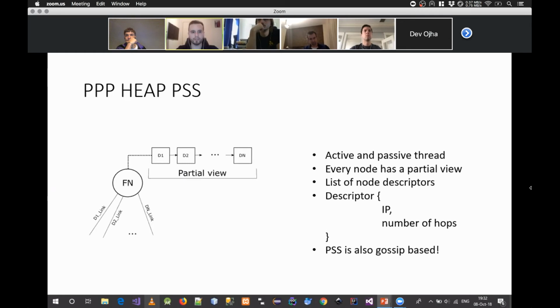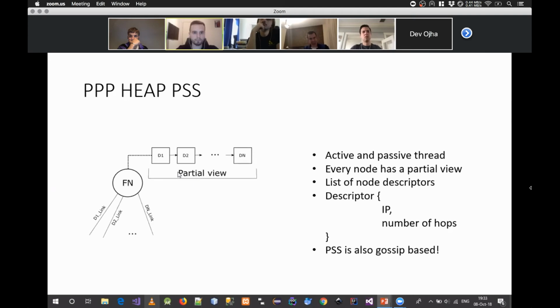Well, let us suppose that each full node now has a partial view. A partial view is a list of node descriptors, where one descriptor contains the IP address of a peer and the number of hops to that peer. So basically, this partial view is actually a peer subset. This is just another notation that can be found in literature for a peer subset.